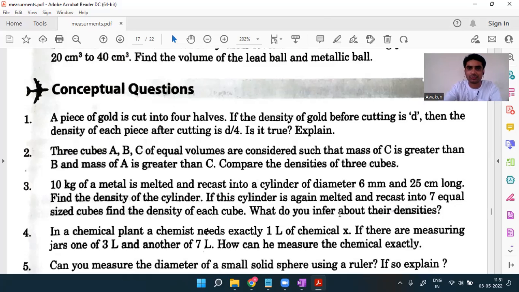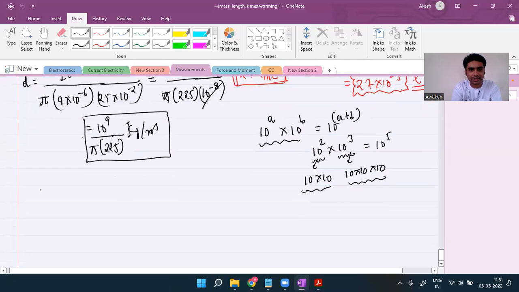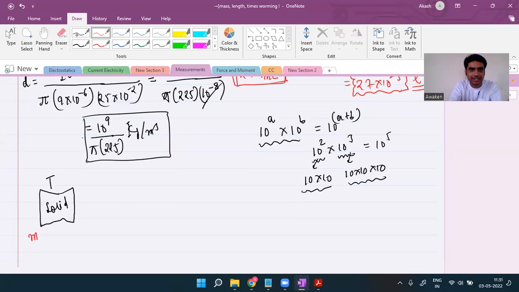Let me show you by a diagram, otherwise it won't be clear. See, here is the cylinder. Initially there was some solid. We don't know what this is. Say the mass is m. Say the solid is at a temperature of T naught.